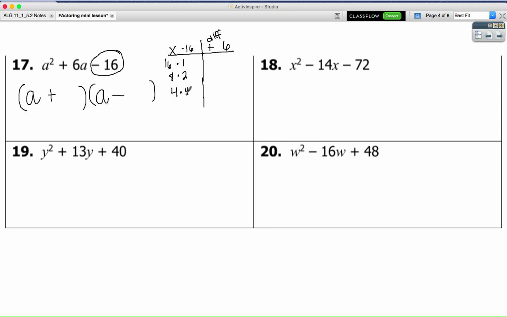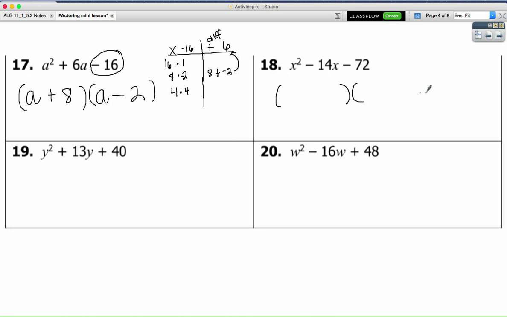So which one of these, if I add together, would give me a positive 6? Well, it must be an 8 and a negative 2, because 8 plus negative 2 is what would also give me a difference of positive 6. So I've got a plus 8, because 8 is the positive, a minus 2. And again, you could multiply it back out to see if it matched, and it does.